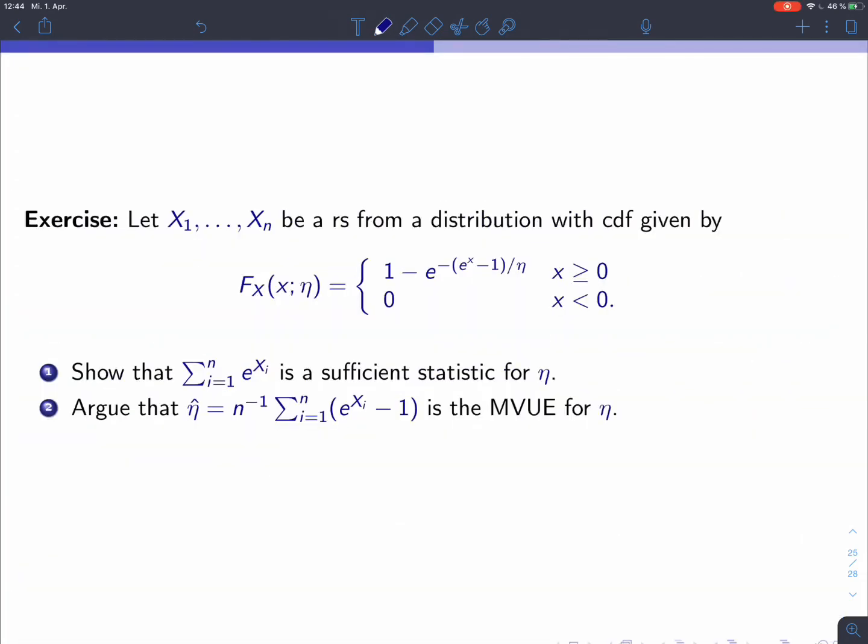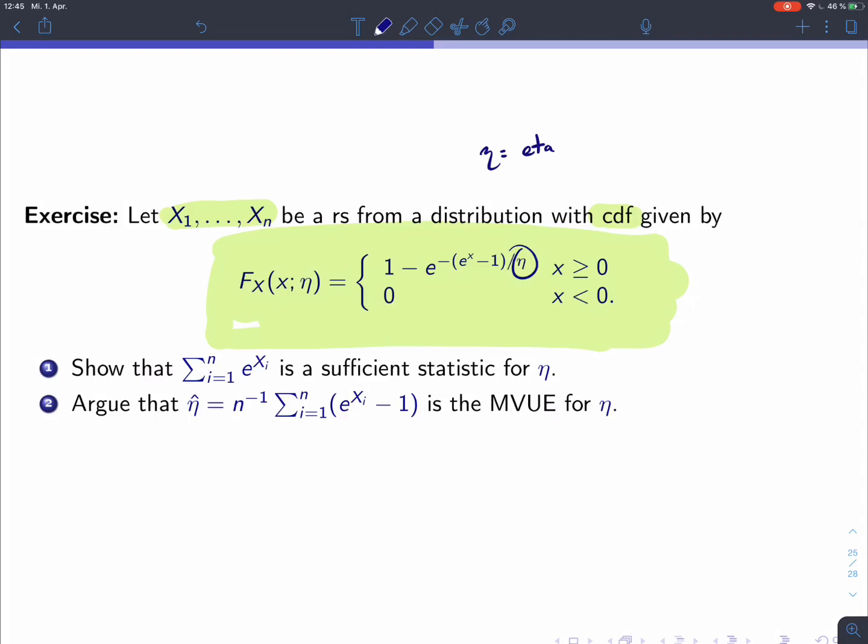Let's do another example. We've got a random sample from a distribution with cumulative distribution function given by this thing. And so here's a parameter floating around. That's the Greek letter eta. And we want to estimate it somehow, from the data.